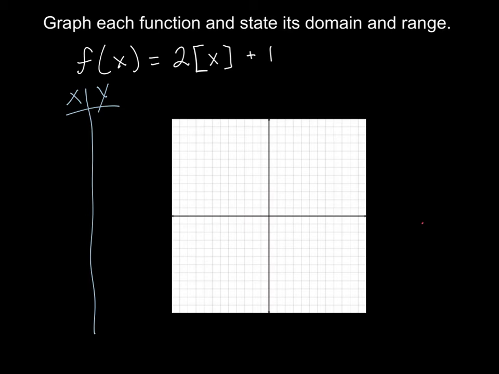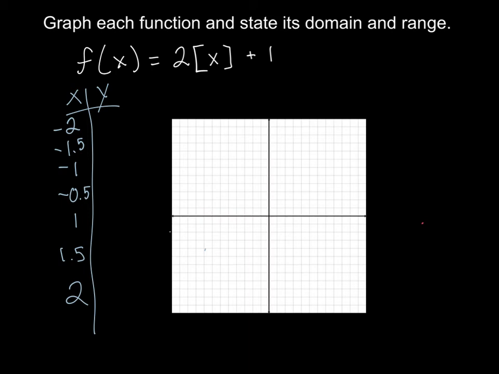So let's say, for example, from -2, -1.5, -1, -0.5, 1, 0.5, 1.5. Let's change that to 1.5 and 2. Let's look at those.